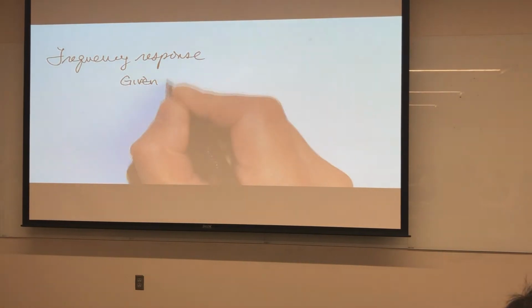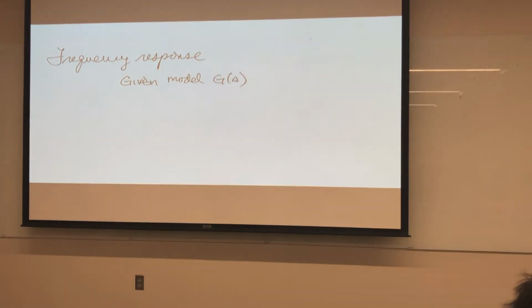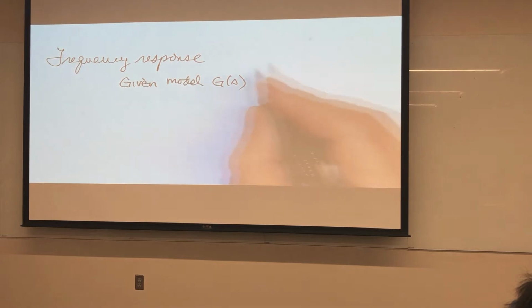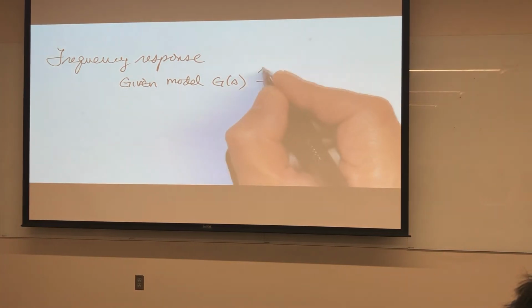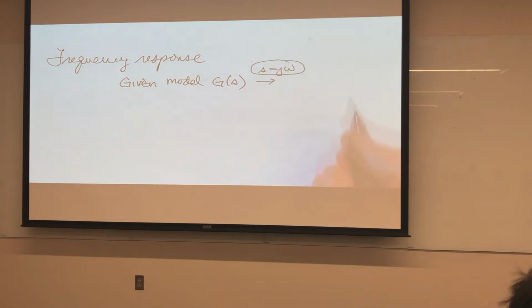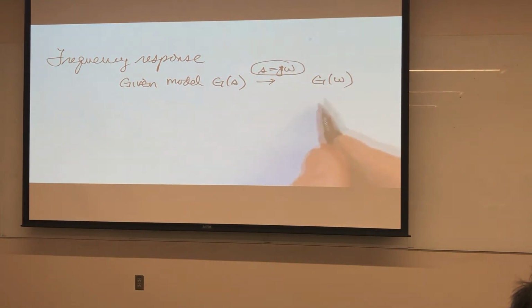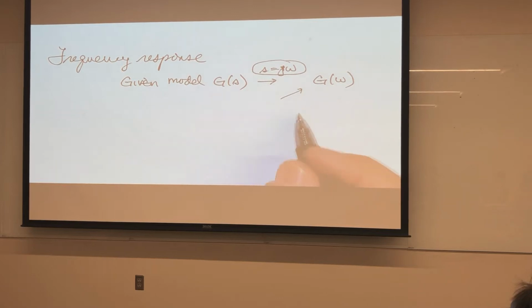We're given a model, G of s, in this class. And then what happens is we let s equal j omega. That's the concept of frequency response. So we get this function G of j omega. Now, because of the j here, in general, this is a function which is complex valued.